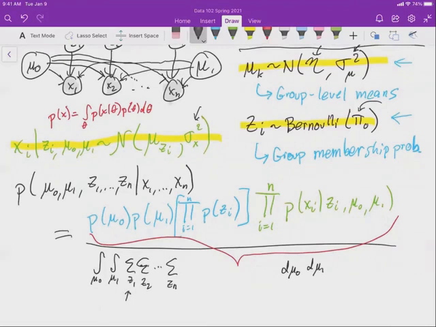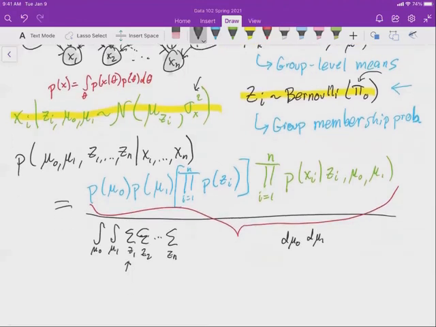This is a sum over z1, and within that, we have to sum over every possible value of z2, and so on. So how many different combinations of the z's are there? Well, if there are n data points and each one has 2 possibilities, then there are 2 to the n different combinations.